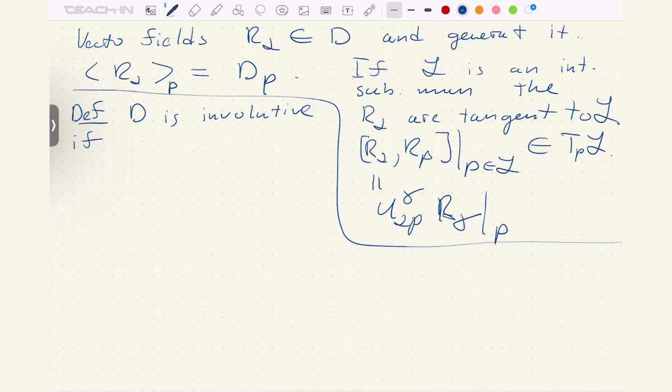Okay, so D is involutive if [X, Y] belongs to D for all X, Y in D. So we say the distribution is involutive if the commutator of vector fields belonging to the distribution is again a vector field belonging to the distribution.